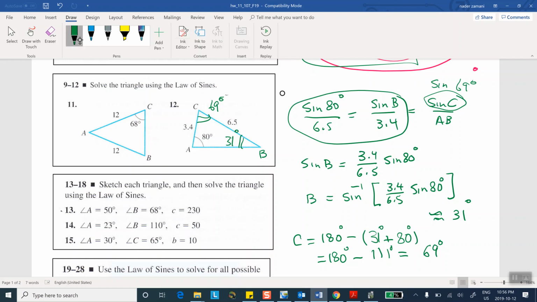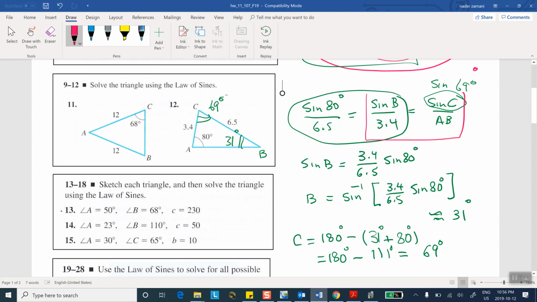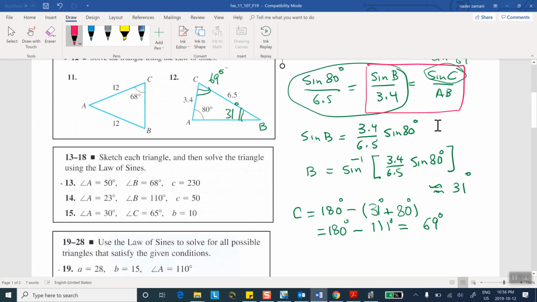Now from either of these two equations, or the equality between the first and the last, we can find AB. So let's do that here.